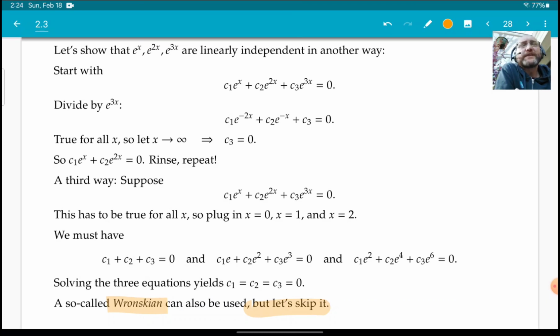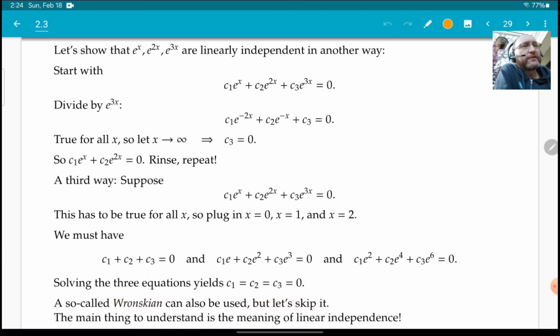If you understand what linear independence is, and you have enough linear algebra background, you could figure out why this works. But otherwise, it's just this procedure that can tell you it is or it isn't. But it's not really that important to be able to check by hand if a bunch of functions is linearly independent or not.